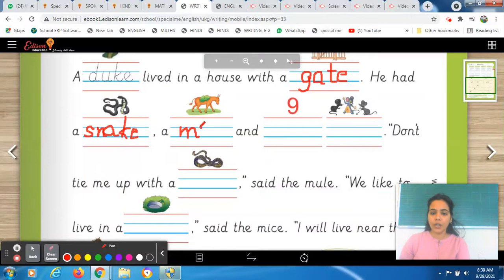So we will write U, L, mule. And in the last, don't forget to write E. It's mule. Now the next picture is a number. Which number is this? This is 9. You know the spelling of 9.